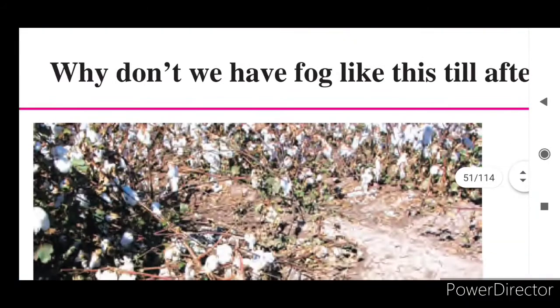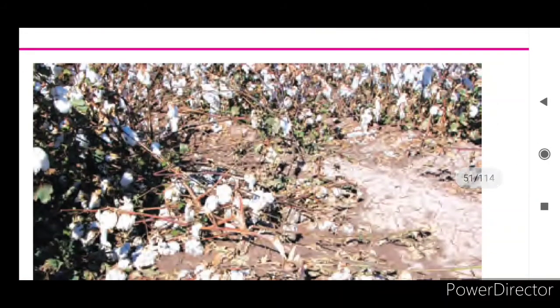Here it is said that if the temperature of the air is less than 0 degrees Celsius, the water droplets stuck to the surface of the cold object freeze. So just now we have seen the water droplets settled on the leaves.